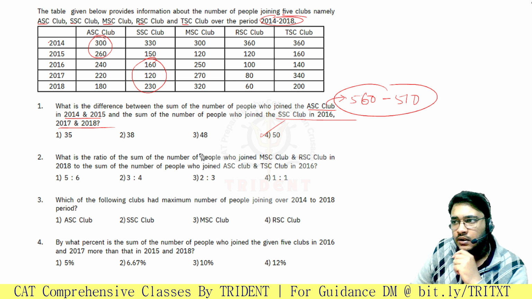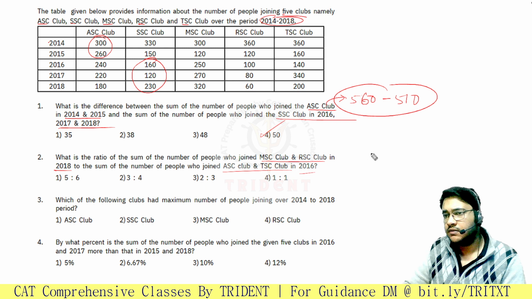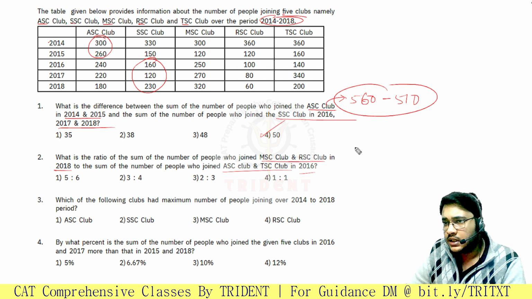Okay, now let's go to the next one. The next one says, what is the ratio of the number of people joining the MSC and RSC club in 18 to that of the number of people who joined the ASC and TSC in 16? Okay, let's do that. MSC and RSC in 18 is how much? 380.